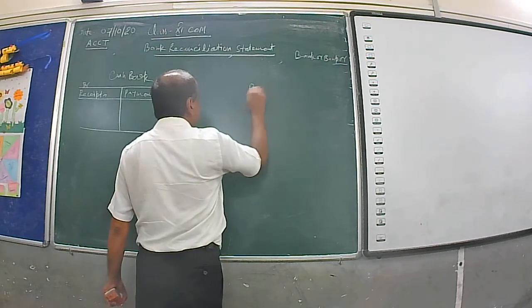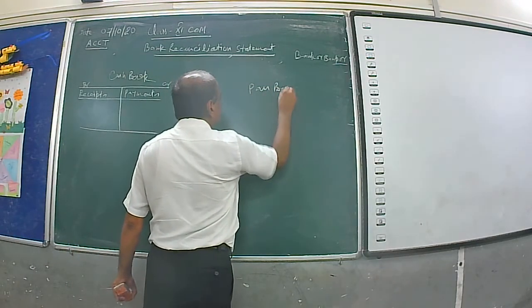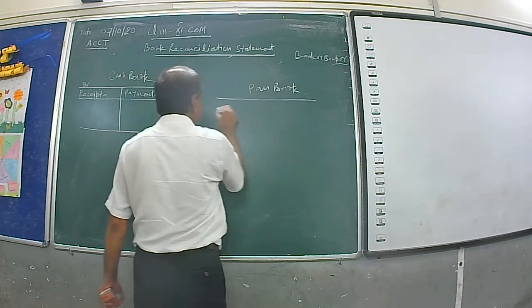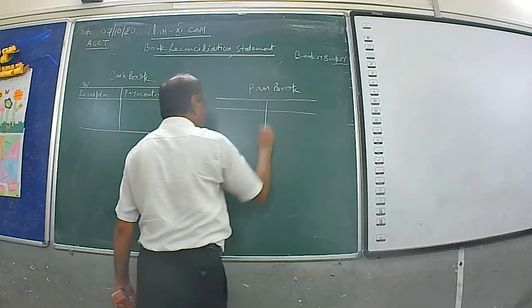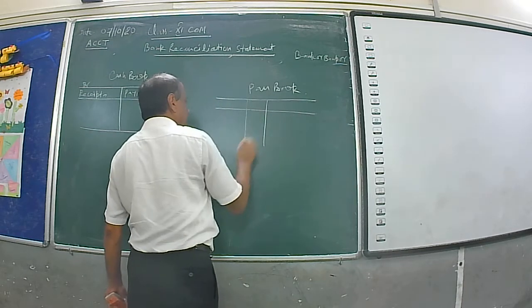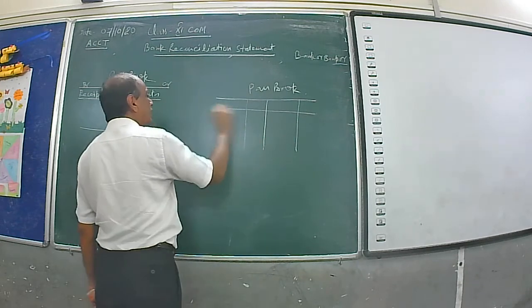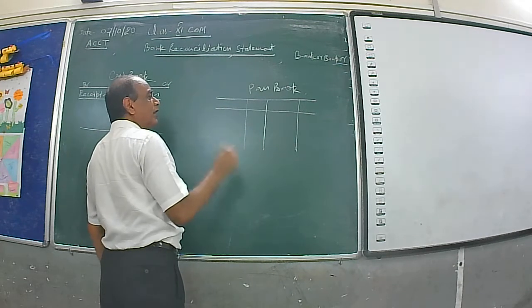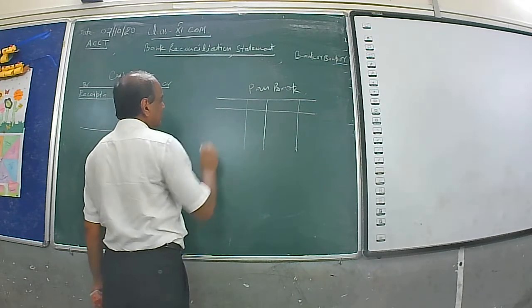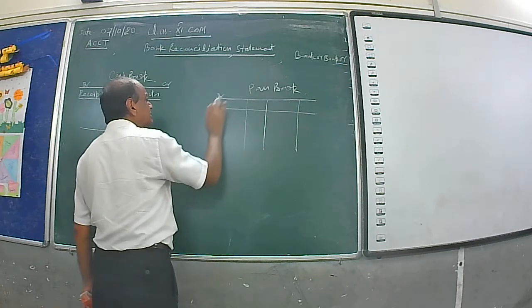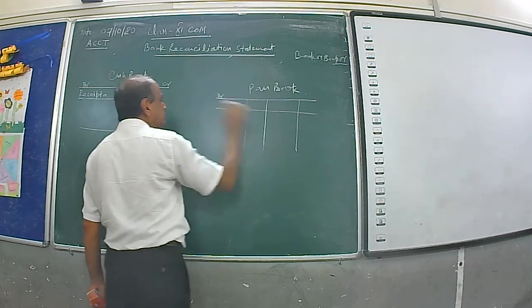See in the passbook, you may make a small passbook in other form only in order to solve the problem. Actually, it is not a format of passbook. You can apply this format only to solve the problem of bank reconciliation statement. Actually there is no debit and credit side, but you may use debit side and credit side.